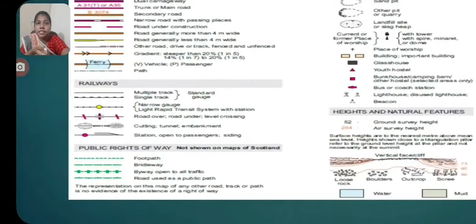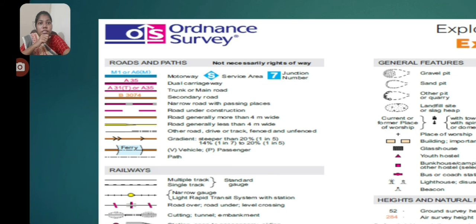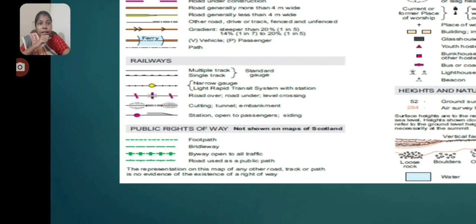So there are symbols like this, as mentioned in the slide. For roads and footpaths, you can put dots. Pedestrian walking, you might have seen, dotted lines would be there. So that's how we have to mark it in a map. So keys and symbols are very important.